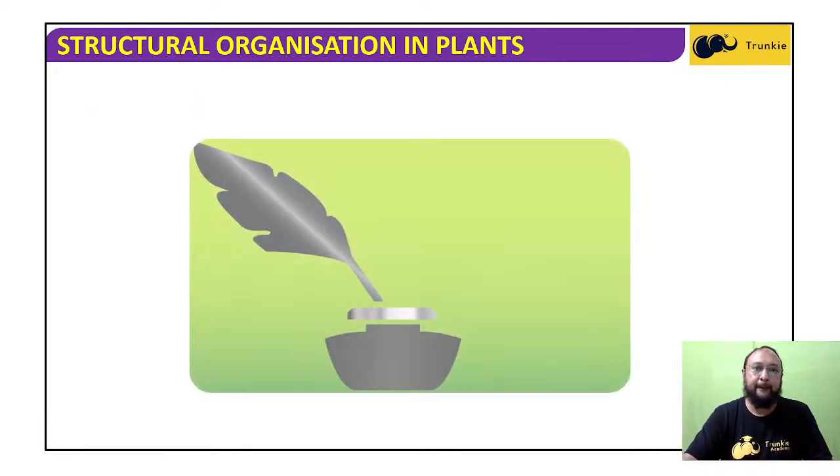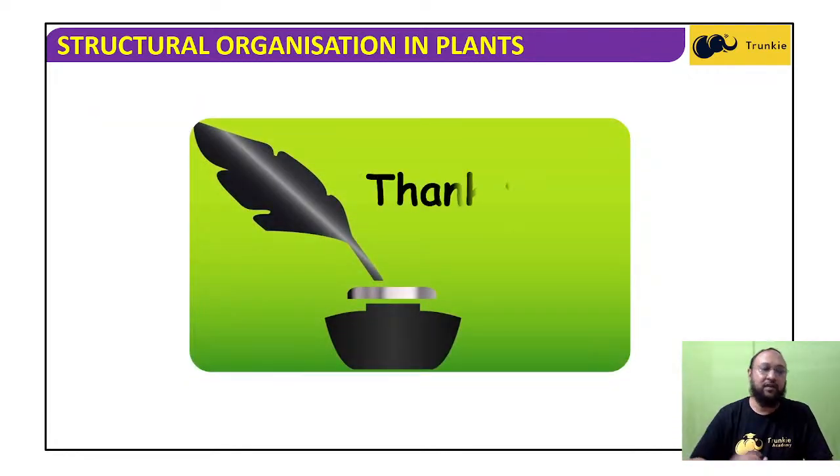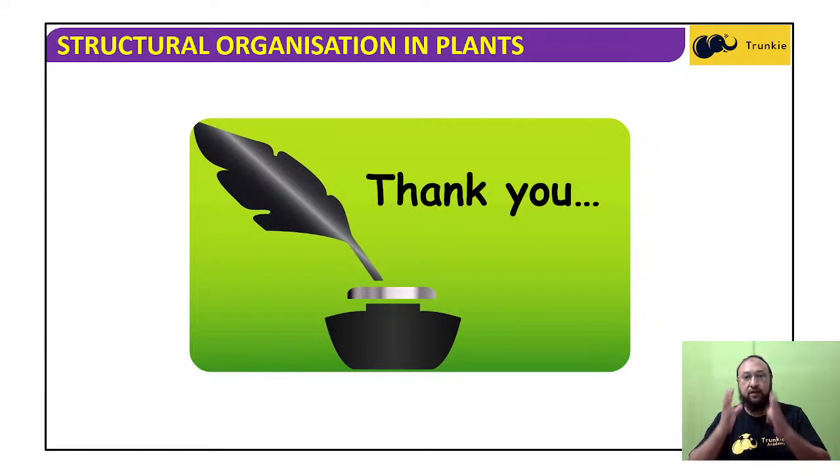Okay. So this was all about the flower, the structure of the flower, and how each plant has different types. How each part of the flower has different types, and how the arrangement of different floral parts is there, and how different terms are used for different arrangements of the floral parts.